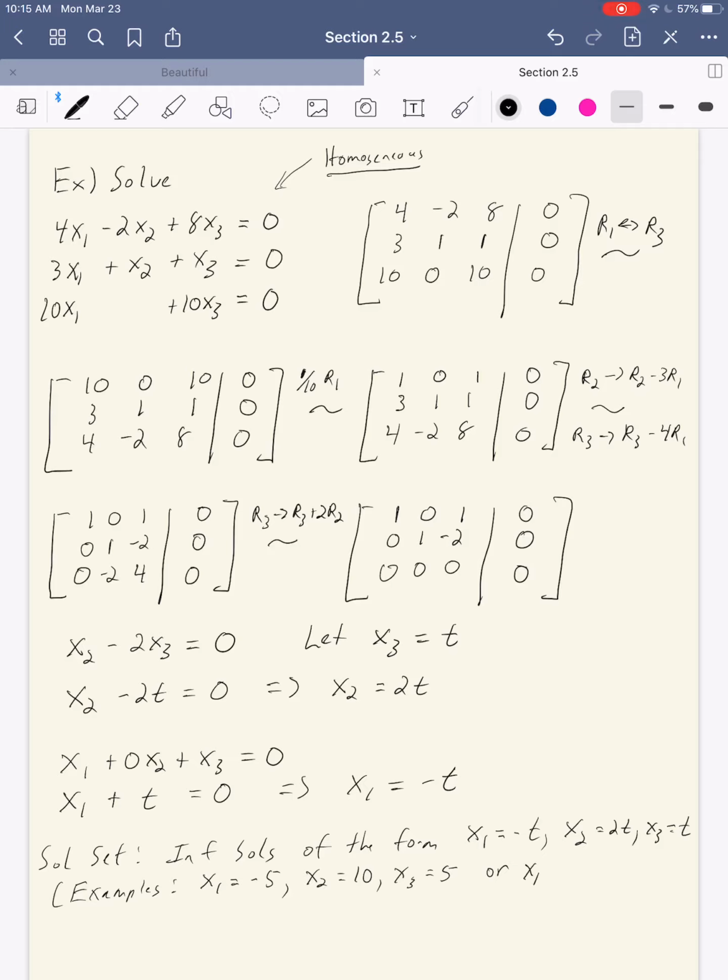Then x1 would be 3, x2 would be negative 6, and x3 would be negative 3. So there are infinite solutions, but there's still a restriction. You can choose anything you like for x3, but then x1 and x2 are determined by that choice. All right, so this one had an infinite solution set.